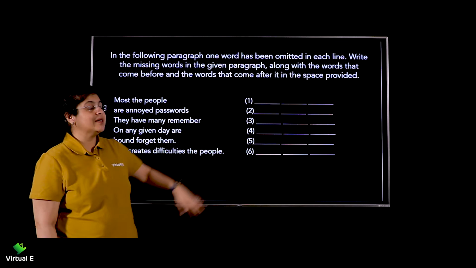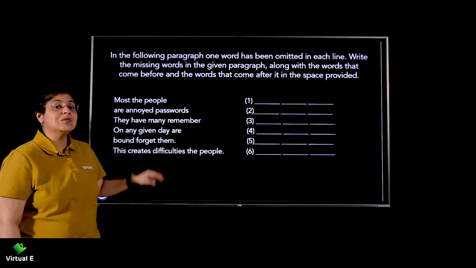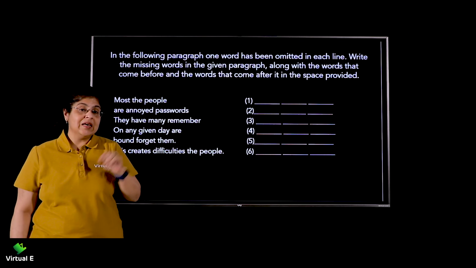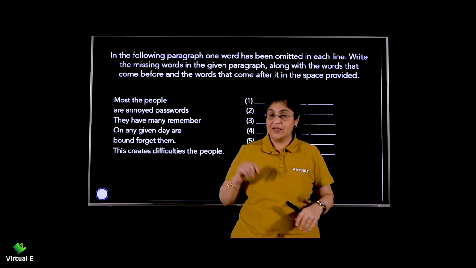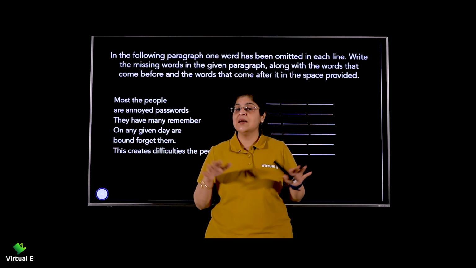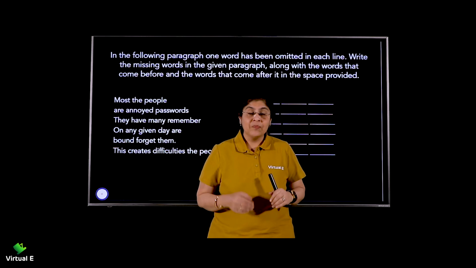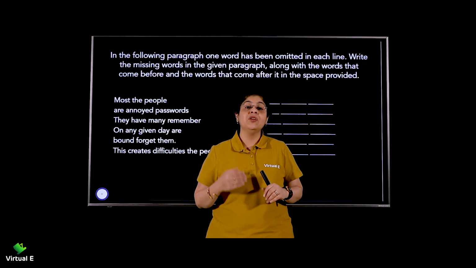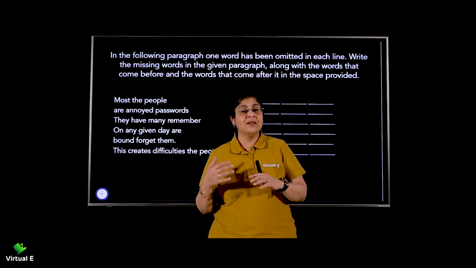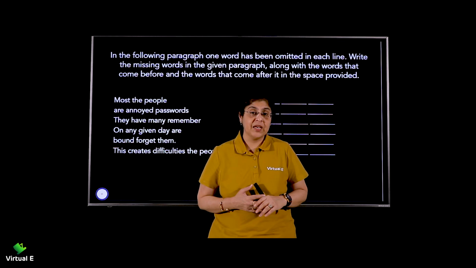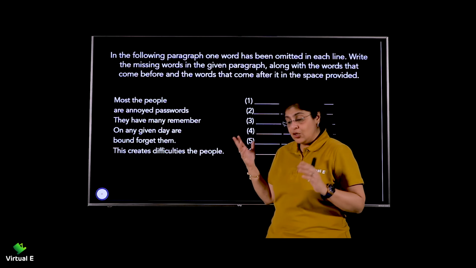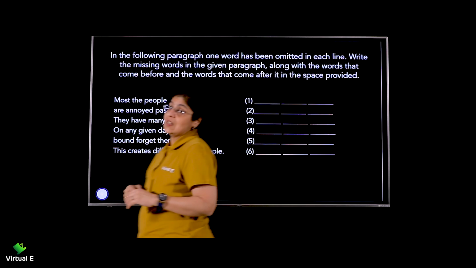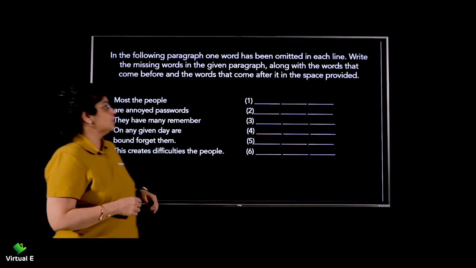Moving to some further practice now. This is what is generally asked. See, till grade 8, we used to get what we just did. The exercise that we just solved, we used to get something based on that. But now, 9th onwards, you will have a lot of additions and editing and omissions. And then something missing, something omitted. So you have to get used to these type of exercises. So let's move.